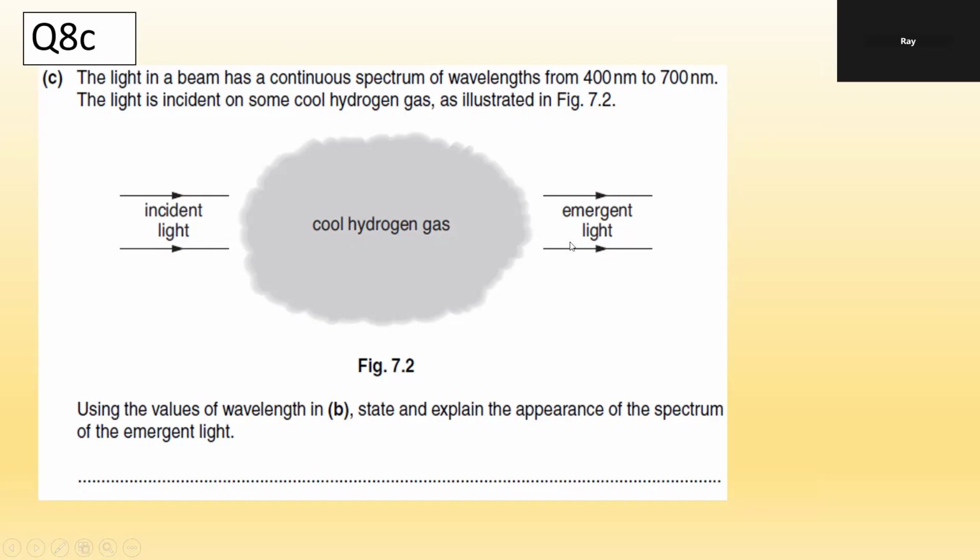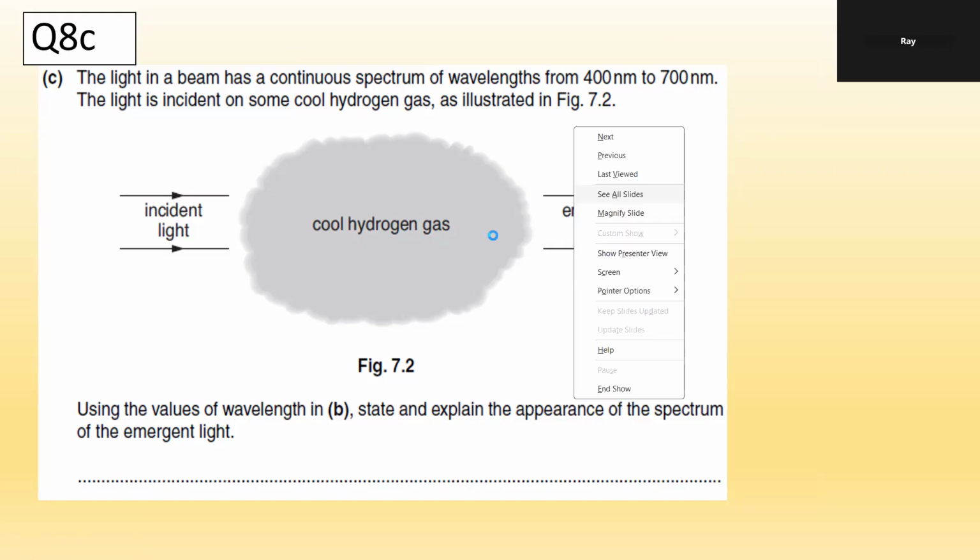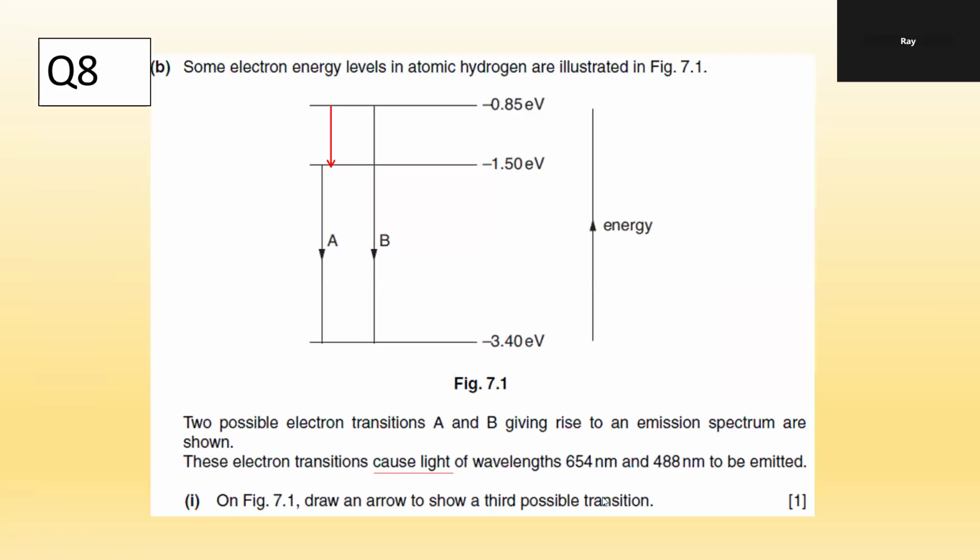What do you see? Dark lines. These two wavelengths are in the visible region, so you see this color, you won't see this one.